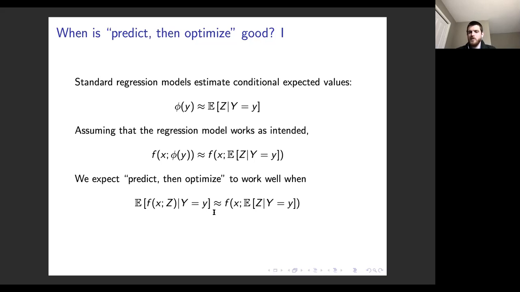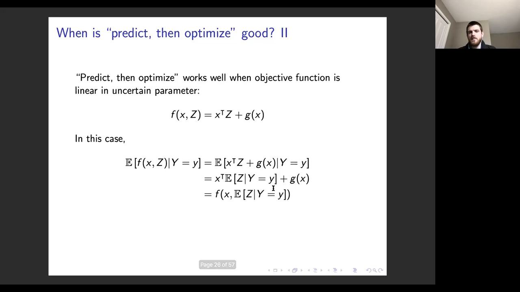In other words, when we can take this expectation within the function, and that basically happens for linear functions. So we expect predict then optimize to work well when the objective function is linear in the uncertain parameter. If it takes this form, then that happens, and it'll work well.